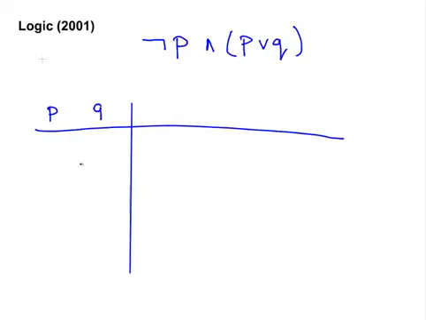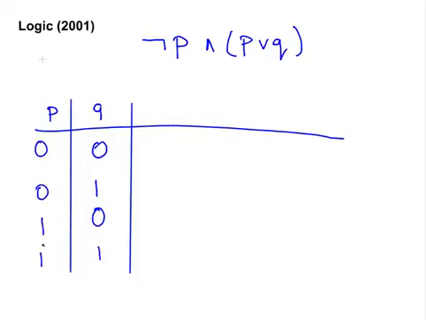There we go. And what we're going to do is fill in those: 0, 1, 0, 1, 0, 0, 1, 1. You notice I started from the right hand side and then moved leftwards.